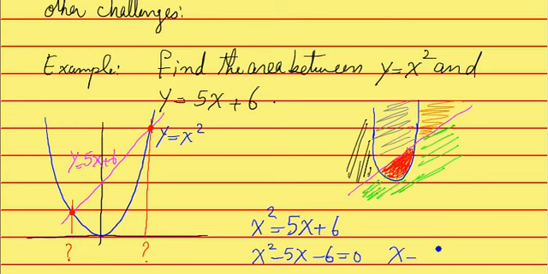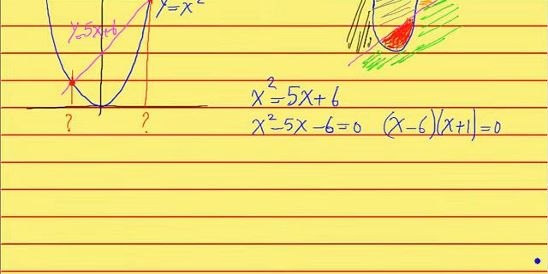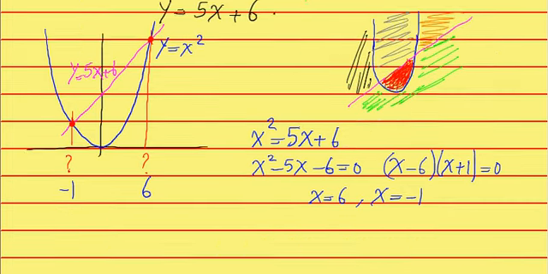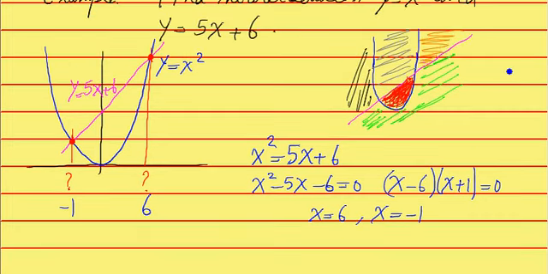You factor it and you get (x minus 6) times (x plus 1) equal to 0, and you get x is equal to 6 and x is equal to -1. So this point is supposed to be 6, this point is supposed to be -1. My picture isn't drawn well enough, so the scale is not quite right. Sorry for that, but we are going to move on.